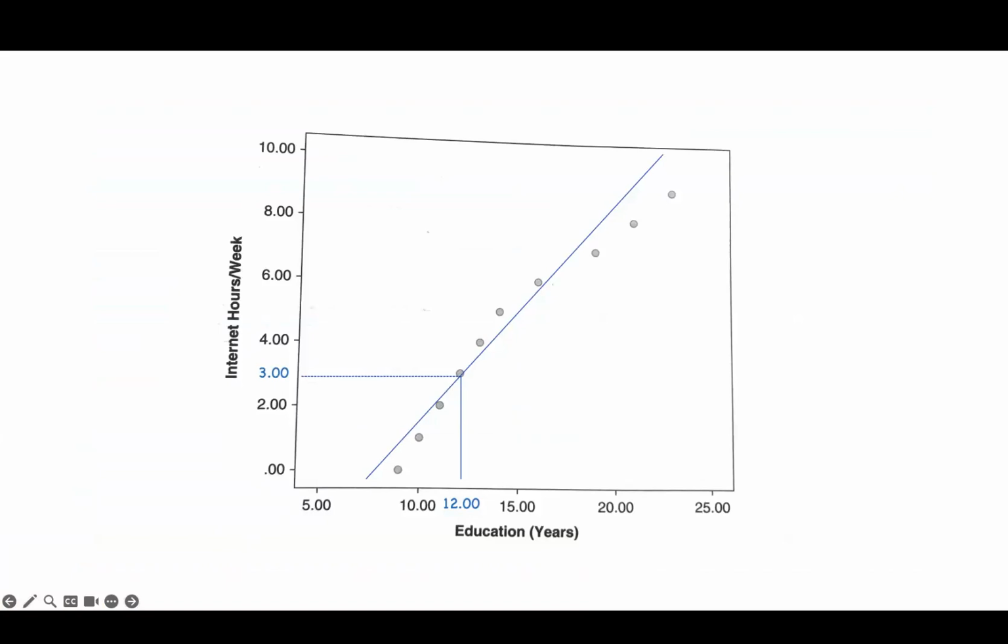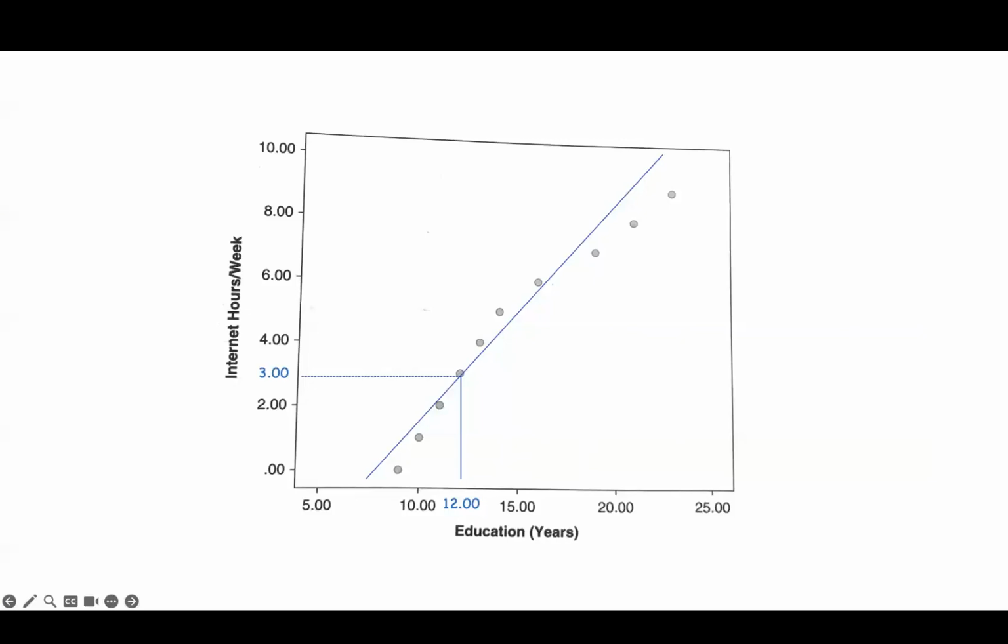In a perfect linear relationship, all the observations, all the dots here, fall along a straight line. And the line itself provides a predicted value of y, on the vertical axis, for any value of x on the horizontal axis. For example, I draw a straight line on the scatter plot.